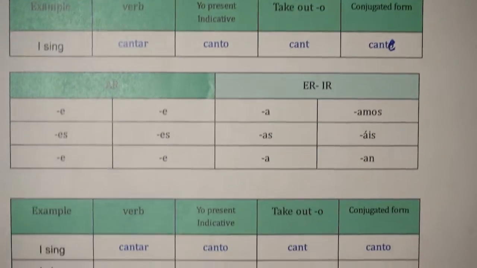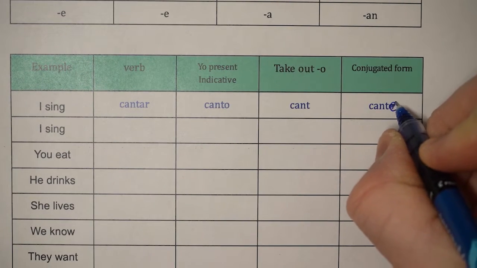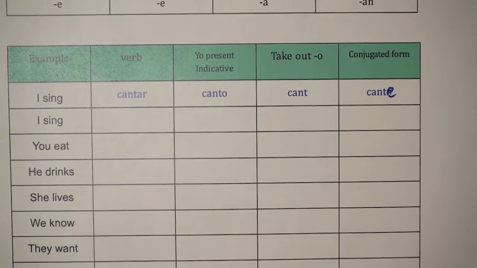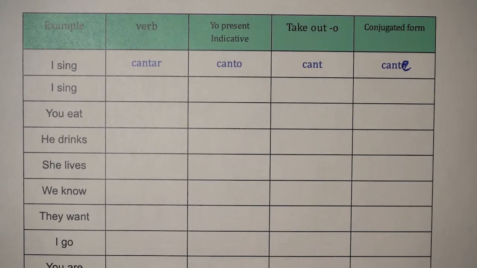And there you have more examples. Try to do it on your own and then check the answers in the answer sheet attached to the description of the video. You have more practice right here.